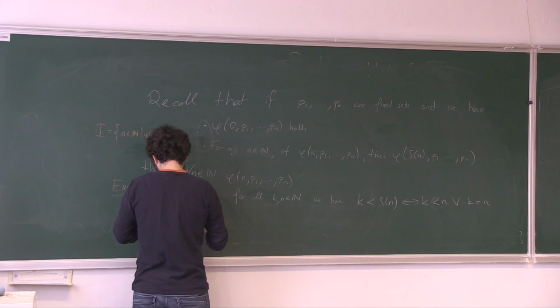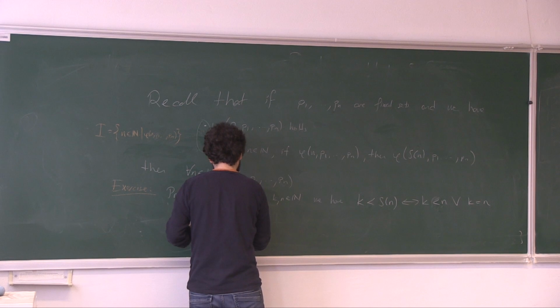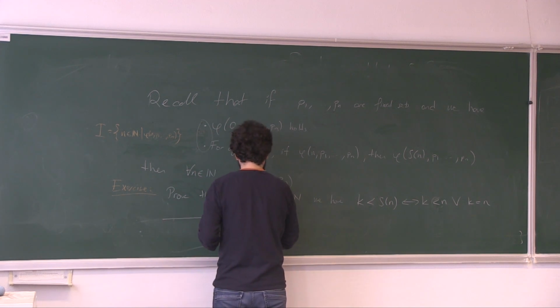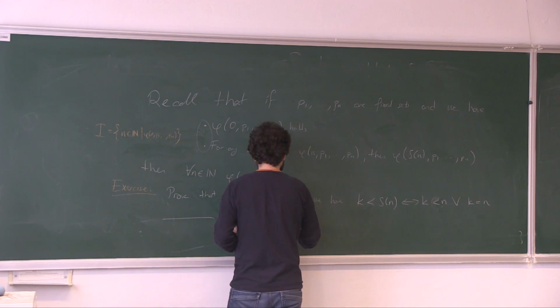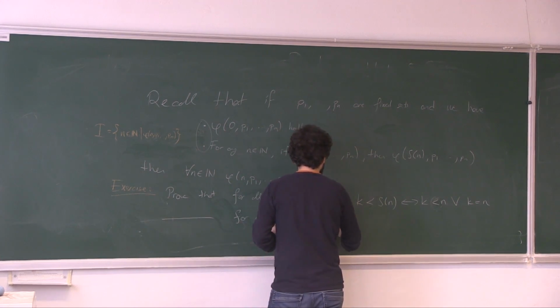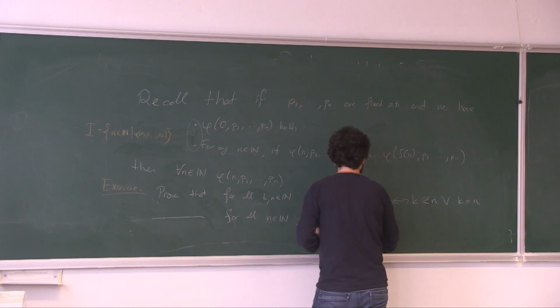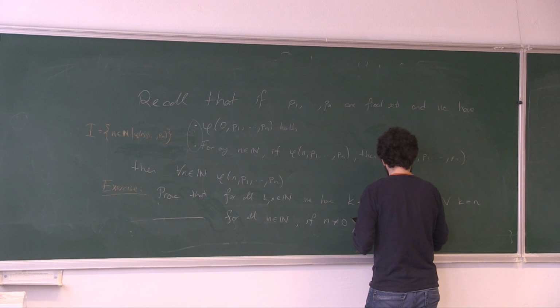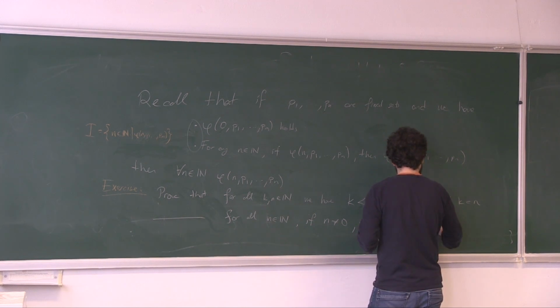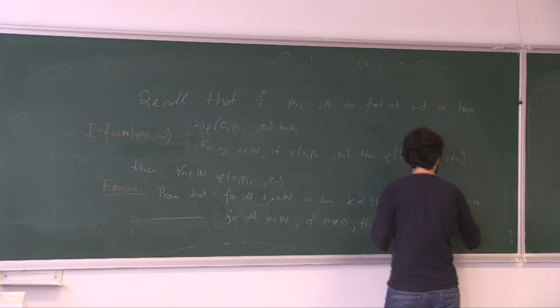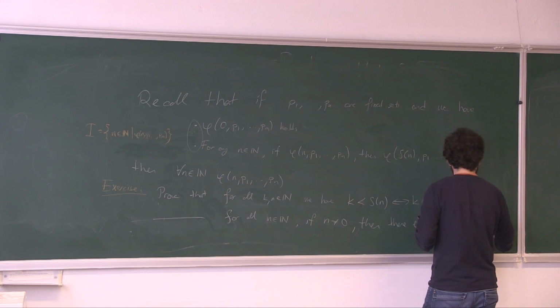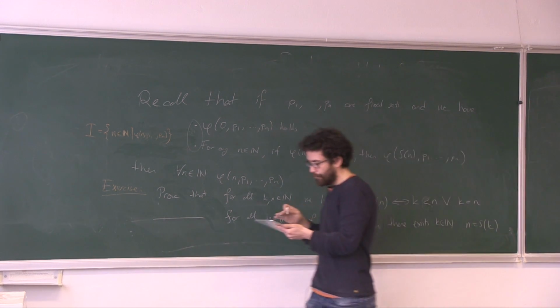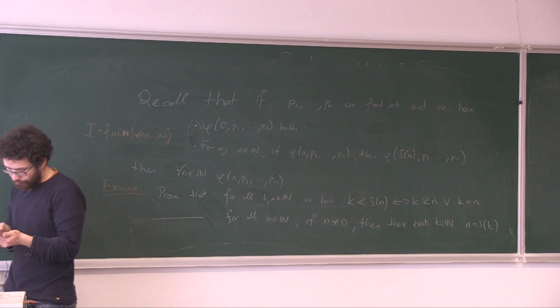And prove that also. Prove that for all n, if n is different than 0, then there exists some natural number k such that n is the successor of k. Okay? So prove these two. How are you going to prove these?